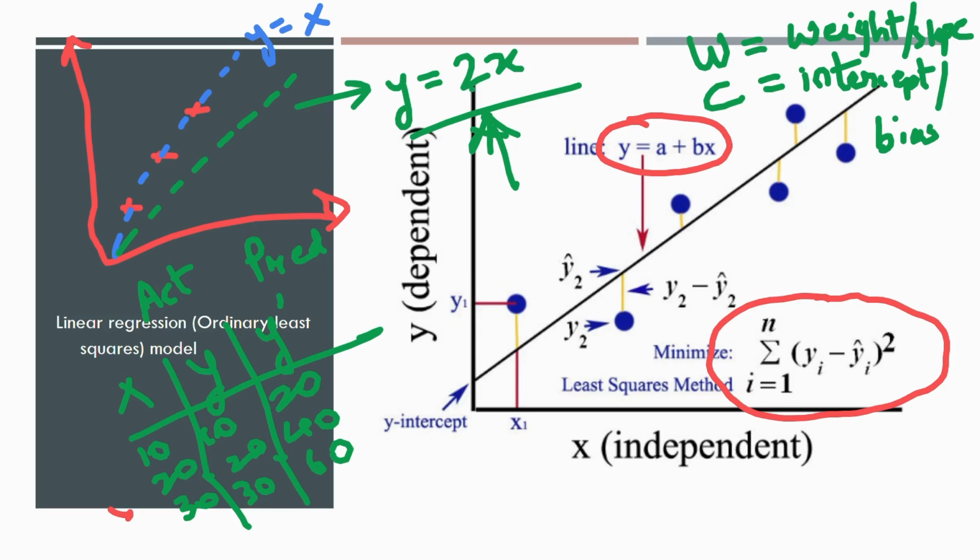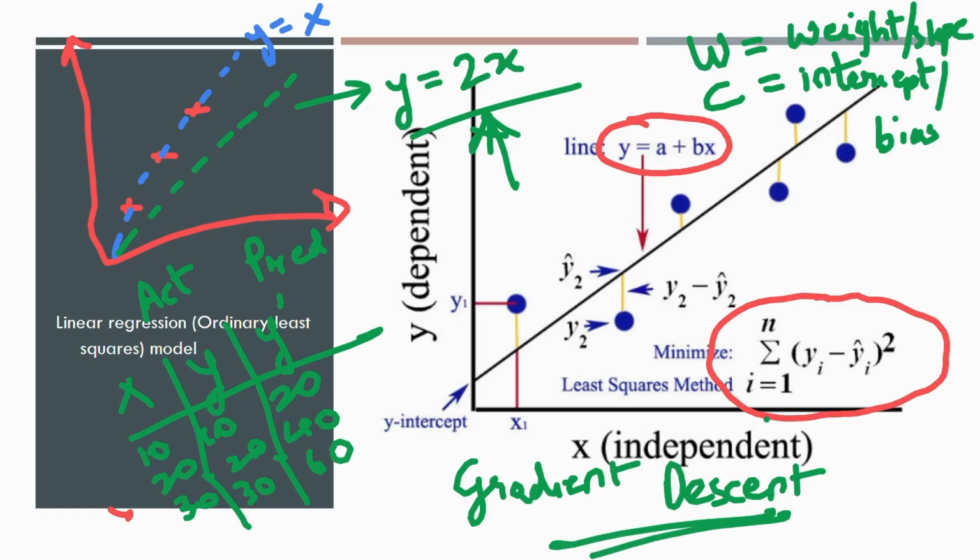So we use a technique called gradient descent, and with the help of this technique we reduce the error by updating the value of W and C.